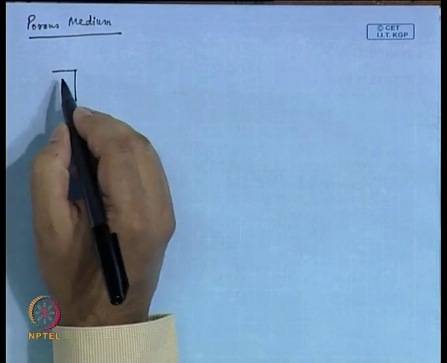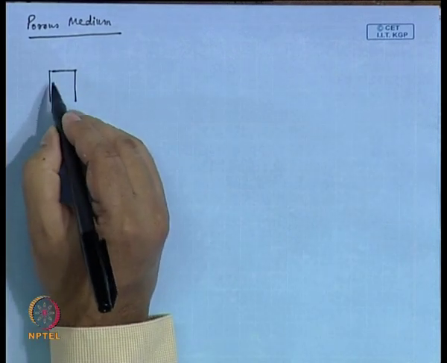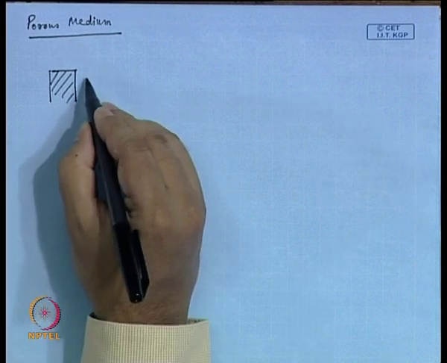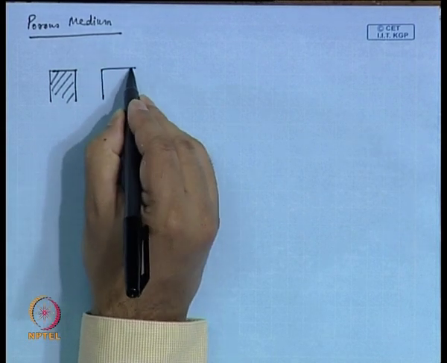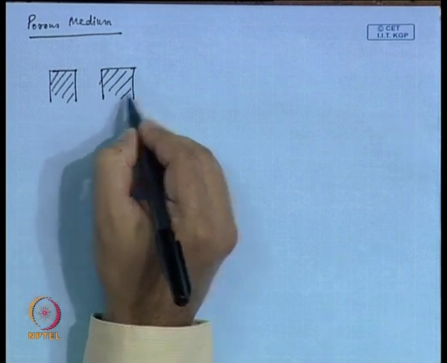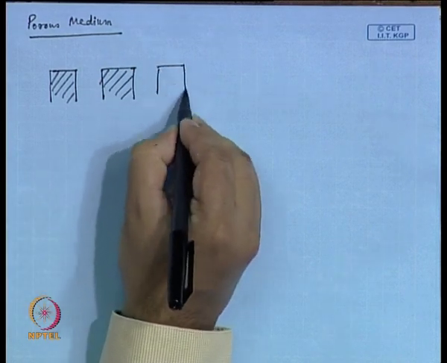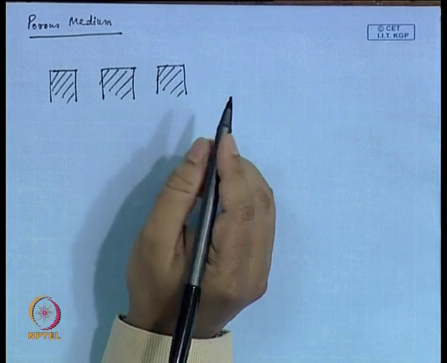let me draw how it will appear. This is the solid part, this is the open part through which the flow can pass. Again this is the solid part, again some open portion, then again there is a solid part and this open portion.